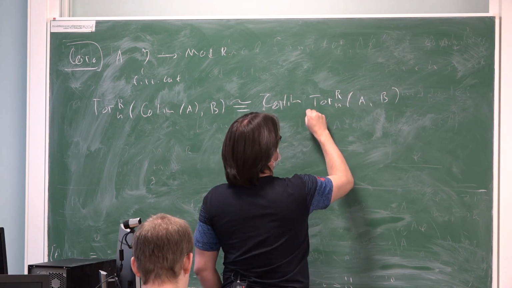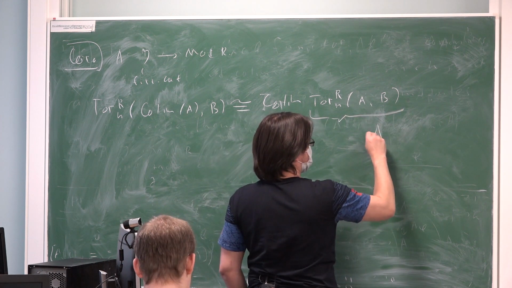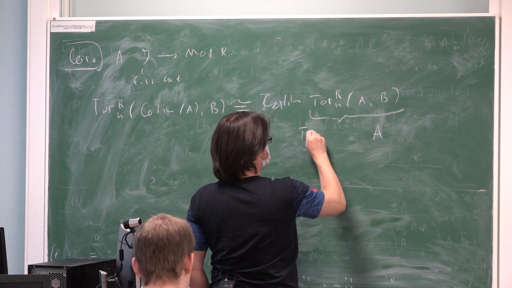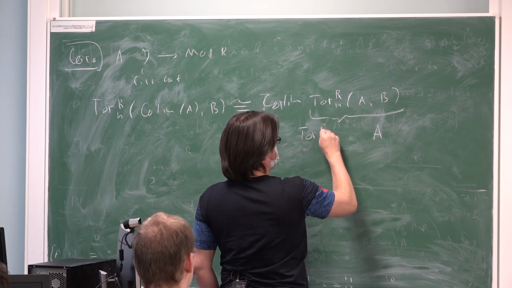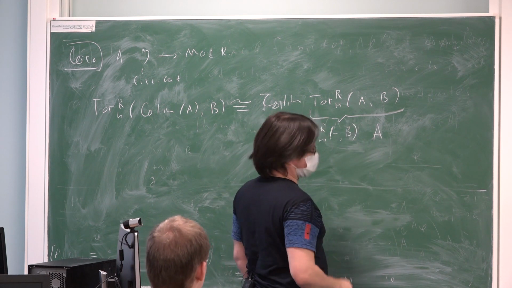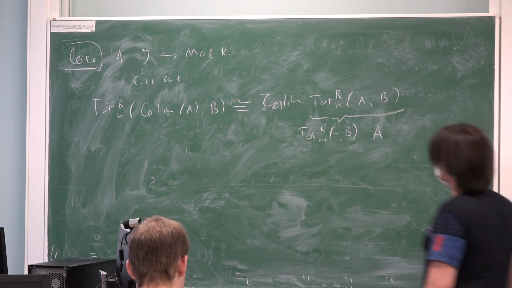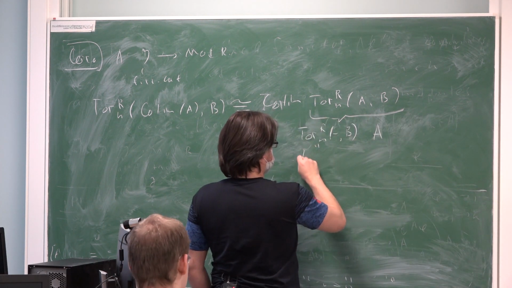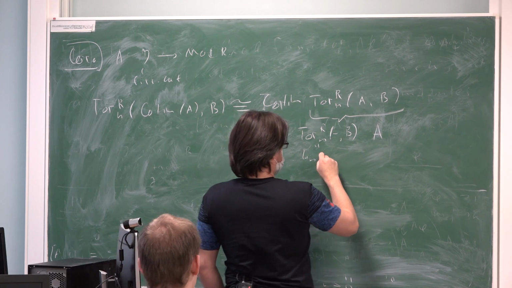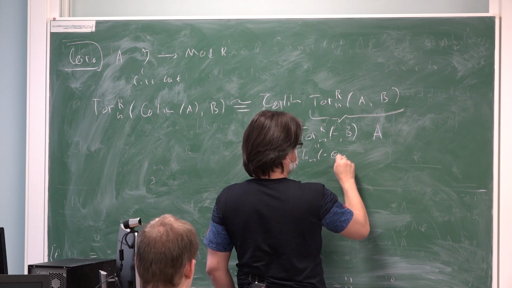Well, this guy, of course, means that you first apply A and then Tor_R of B, which is simply L_n.